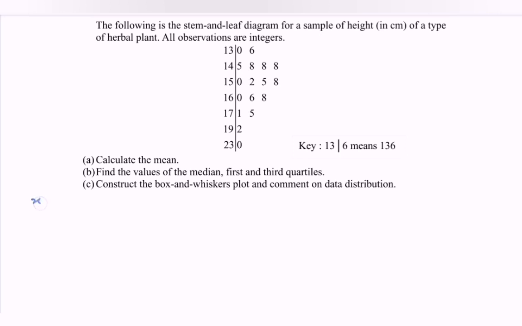So the mean will be summation for all the x over the n. So here we have 130 plus 136 plus 145.